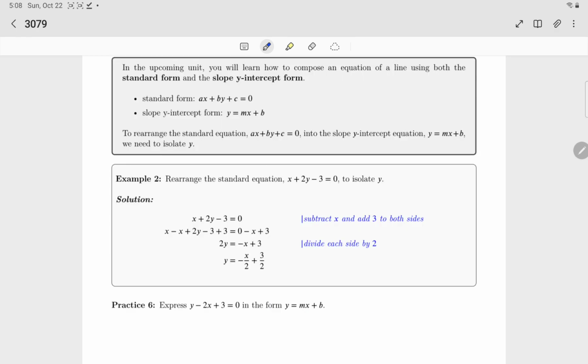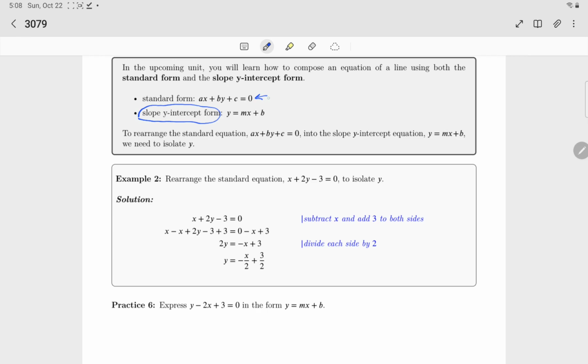In the next unit, you're going to be introduced to the slope y-intercept form of the equation of a straight line. We also have a standard form. We're going to rearrange the equation from the standard form ax plus by plus c equals 0, where a, b, and c are constants and variables are x and y.